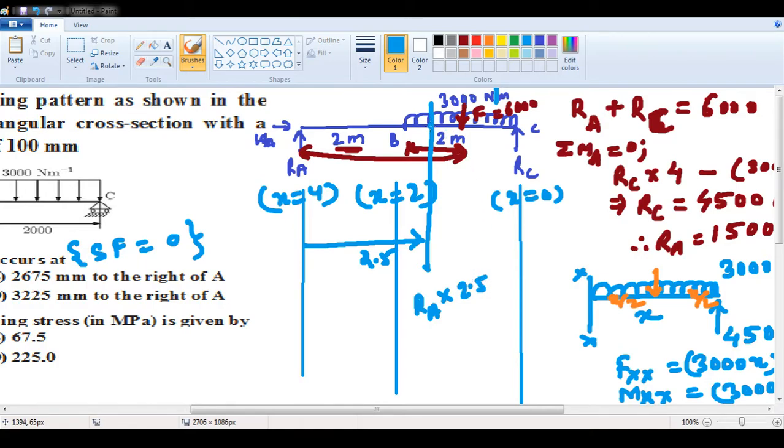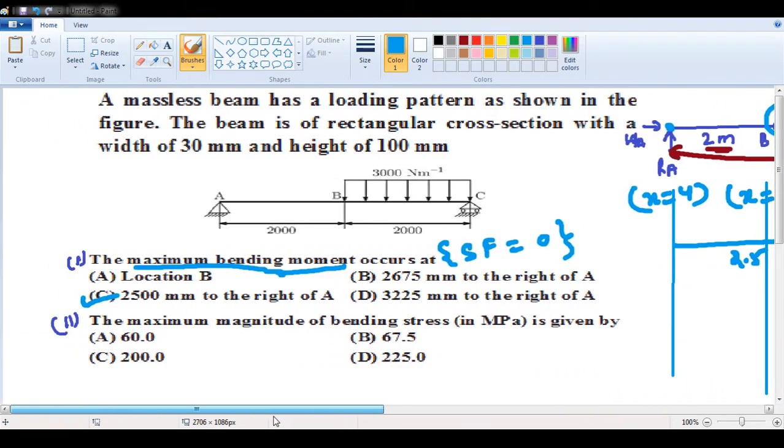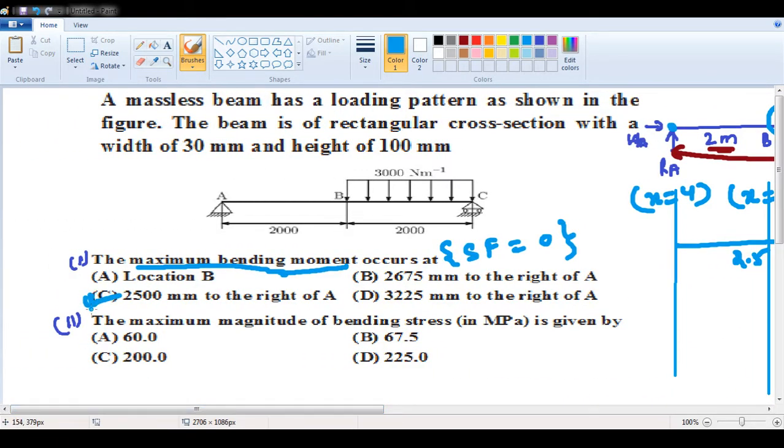If I take a moment from here, at A it will be Wx by 2 plus x, or if you go the moment by this end, it will be RA into 2.5 minus this particular distance, right? So when we calculate this, we will come across option C. I hope this is clear to all.